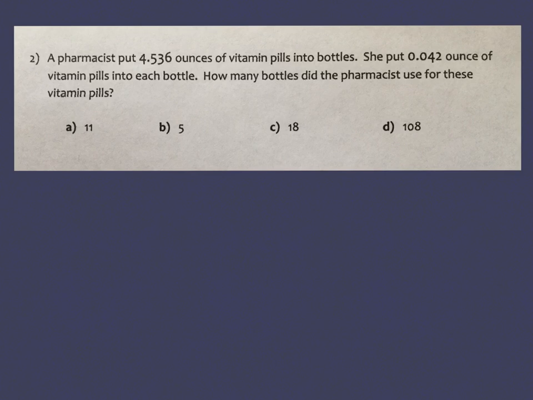So we see a few things. One, the pharmacist had 4.536 ounces of pills, and she put them into bottles. In fact, she put 0.042 of an ounce, or 42 thousandths of an ounce, into each bottle.